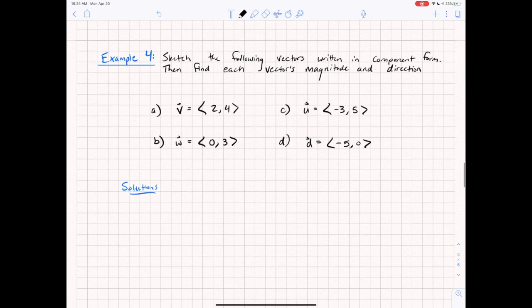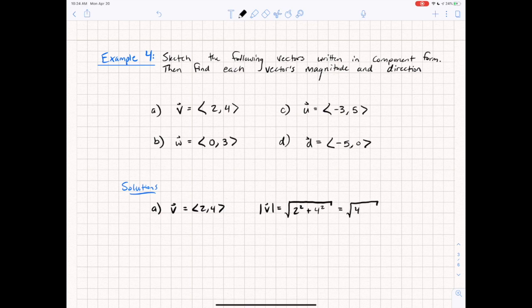All right, so let's go through and let's try to do A. So A, I've got V is equal to (2, 4). Then its magnitude is found by doing the square root of its horizontal component squared plus its vertical component squared. And then now I just need to solve this.